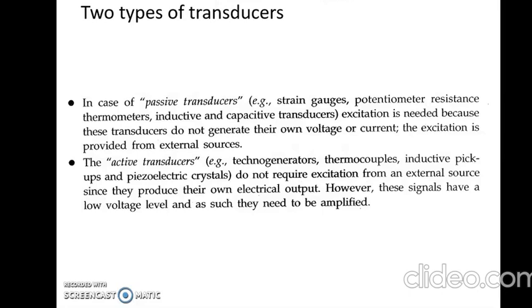And the active transducers like tacho generators, thermocouples, and so on, they don't require excitation from an external source because they produce their own electrical voltage or current.